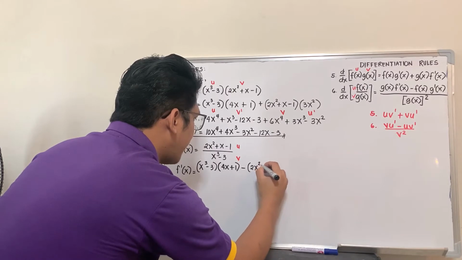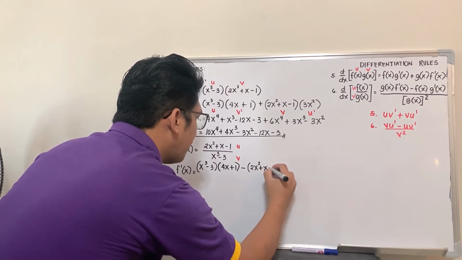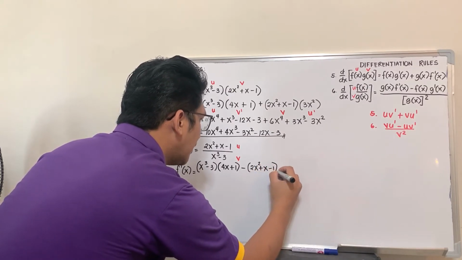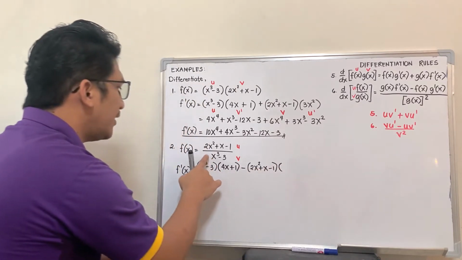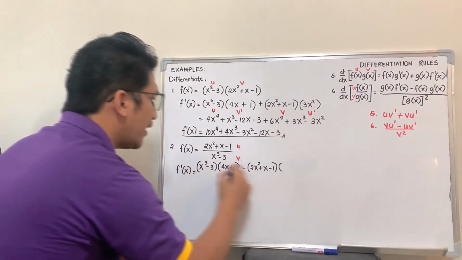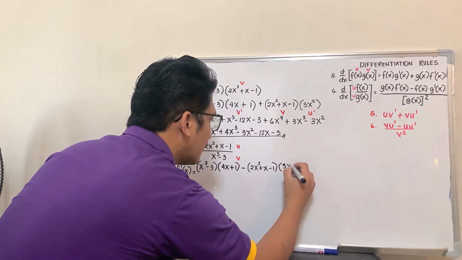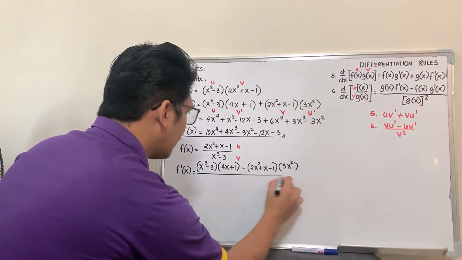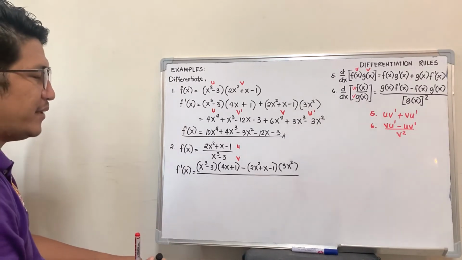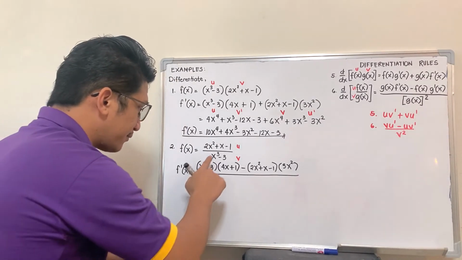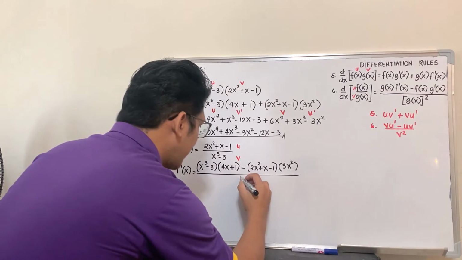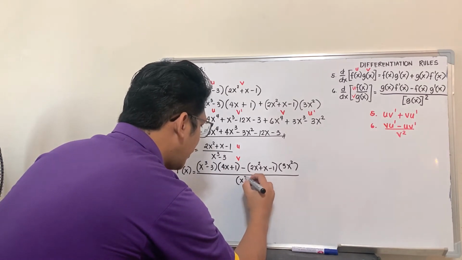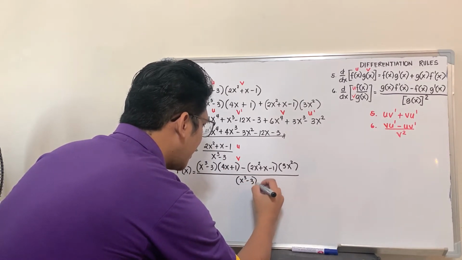Then copy the numerator, 2x squared plus x minus 1, and multiply it by the derivative of the denominator, which is 3x squared, all over the denominator squared. So square the denominator, x cubed minus 3.